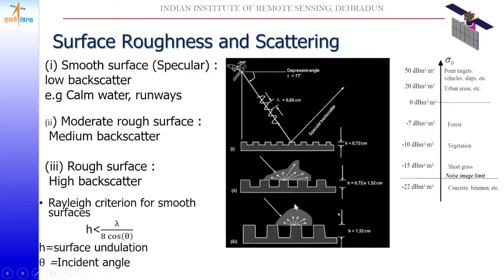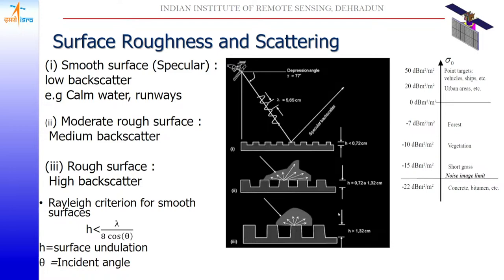So the main thing is that if the surface is rougher, the backscatter will be higher. If the surface is smoother, the backscatter is lower. In SAR, the darker region means low backscatter.